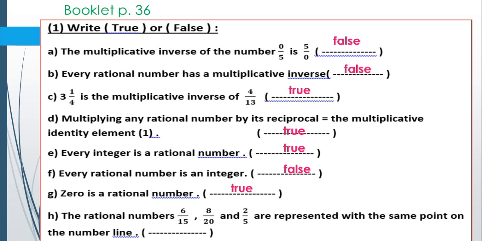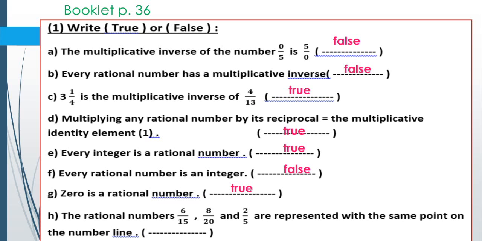Last one, the rational numbers 6 over 15, 8 over 20, and 2 over 5 are represented with the same point on the number line. Put 6 over 15 in simplest form. Divided up and down by 3, it will be 2 over 5.